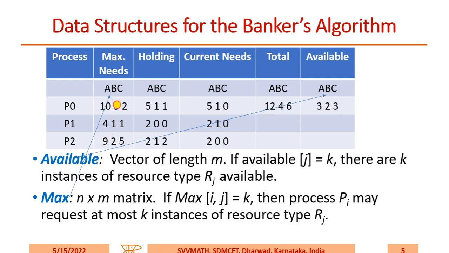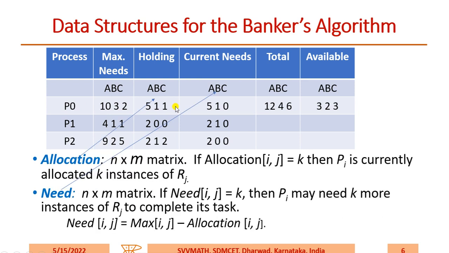Maximum, whether I need an array or matrix data structure. I need a matrix because for P0 I need to maintain, for P1 I need to maintain, for P2 also I need to maintain. Similarly, I may need an Allocation matrix, and a Need matrix for P0, P1, P2.